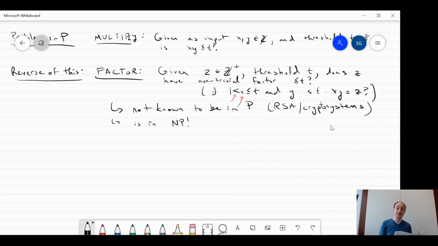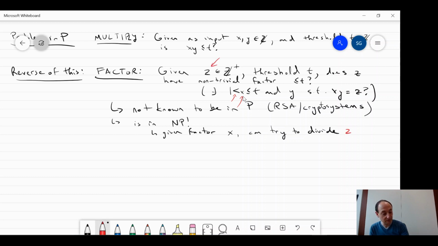What that basically means is that if you give me the answer, the factor x, then I can try to divide my number z, my input, by x in poly time. So I can certainly check the answer efficiently. I can check efficiently if this is really a proper non-trivial factor you gave me.